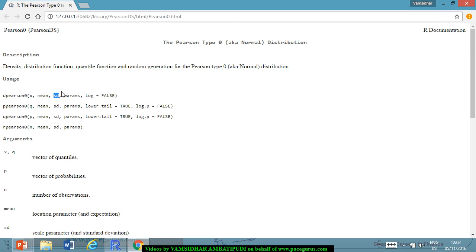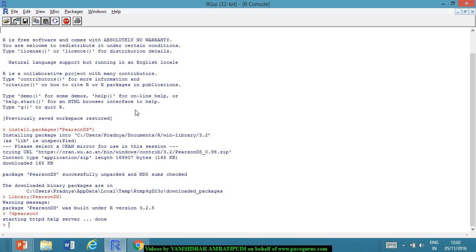Otherwise, if I just give them here, that should be sufficient. So let me first generate some x. Let's take some x values between -5 to +5.